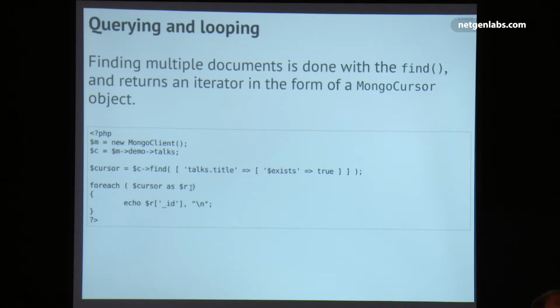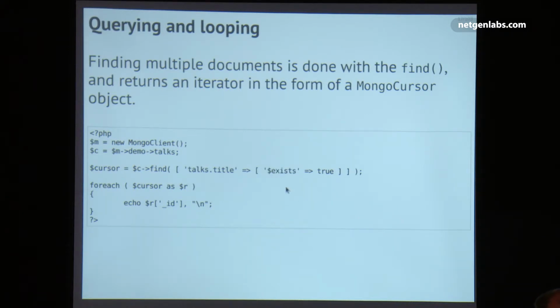What I've done here as a query, instead of using a field name and then a specific value, instead of having a scalar value here, I'm actually using an array. And the field name in this array is this query operator.